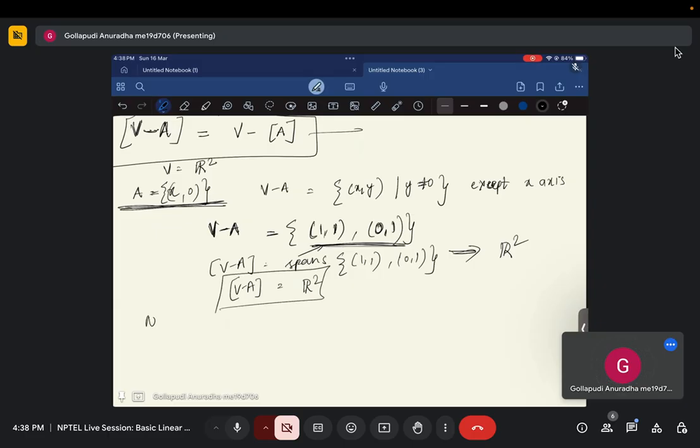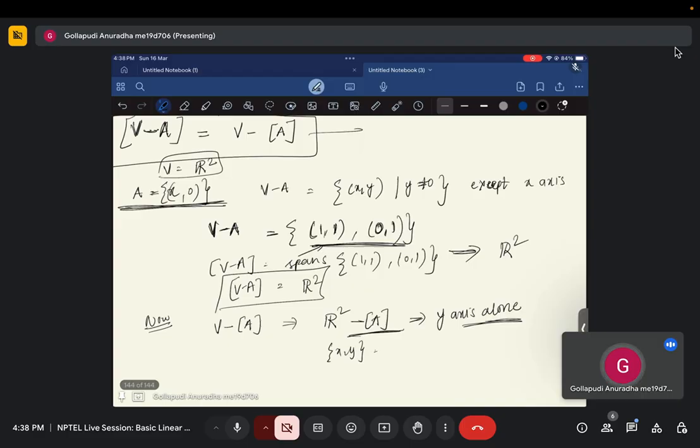Now let's see what is V minus the span of A. V is R2, we started with that, and the span of A means from R2 you have taken the x-axis fully, so you will be left only with the y-axis. Whatever x component there is, in x comma y, you are totally removing x, so that's going to be just the y-axis.